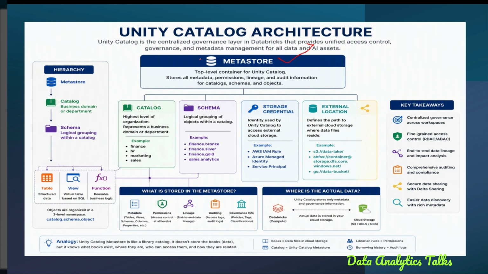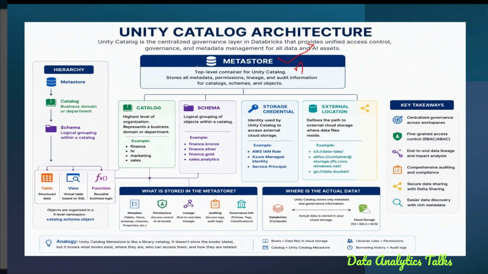In the previous video, we said Hive Metastore and Metastore. We understood Metastore is a centralized store to manage everything around the workspace, around the lake. So the top level container for Unity Catalog is Metastore.